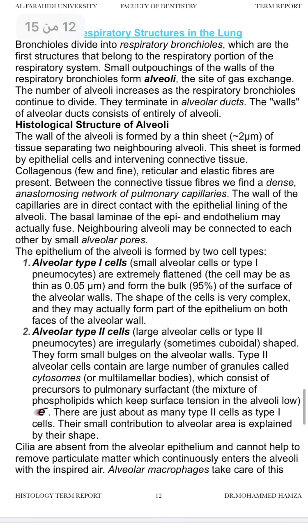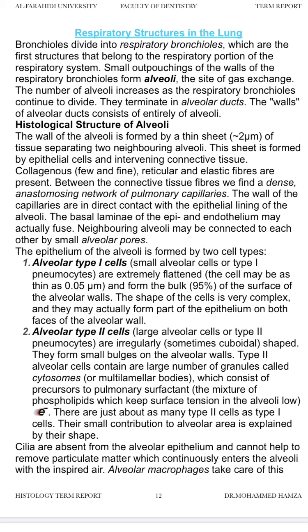Histological structure of the alveoli. The wall of the alveoli is formed by a thin sheet, about 2 micrometers, of tissue separating two neighboring alveoli. The sheet is formed by epithelial cells, and the intervening connective tissue, collagenous fibers, are few and fine.